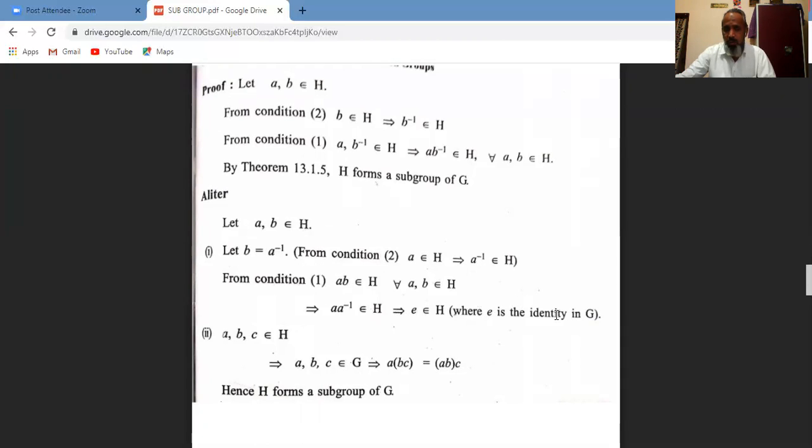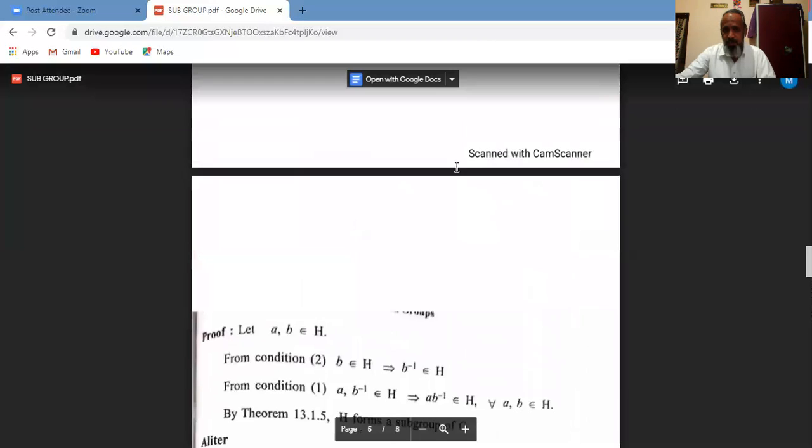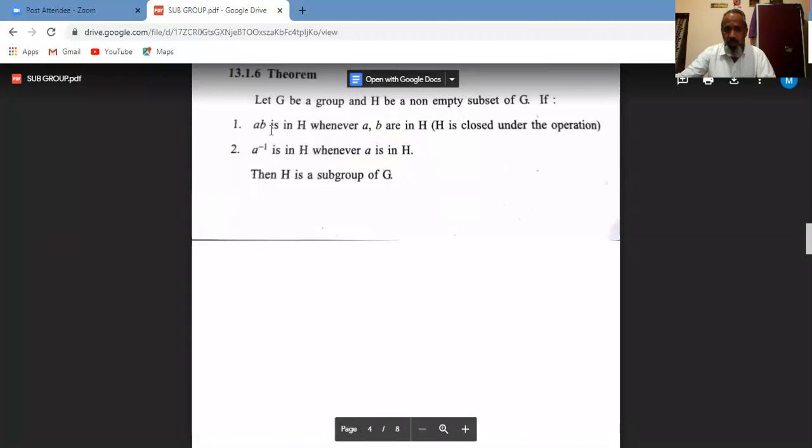Now in the theorem, what is given? Two conditions are given. A, B belongs to H whenever A, B belong to H, meaning H is closed under multiplication, which means H satisfies the closure property.